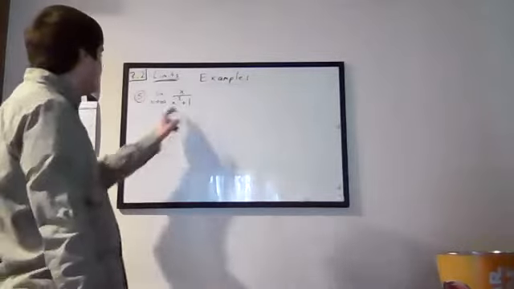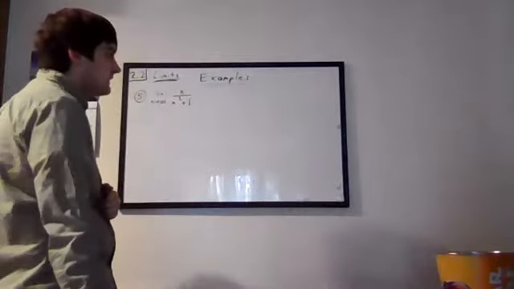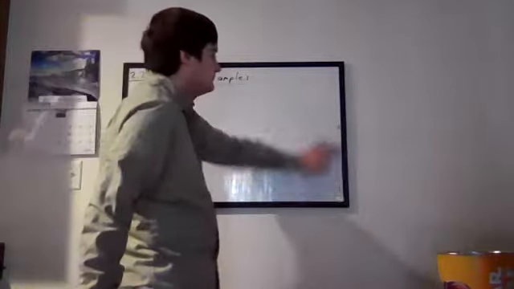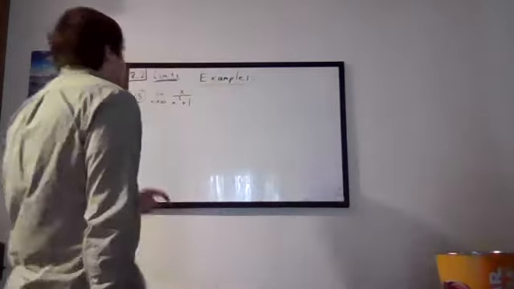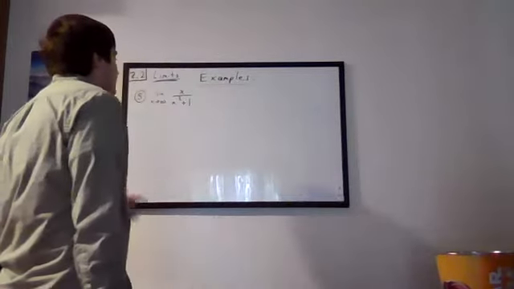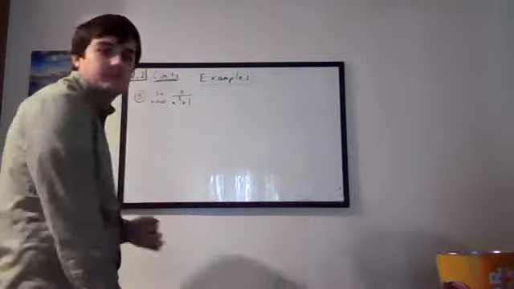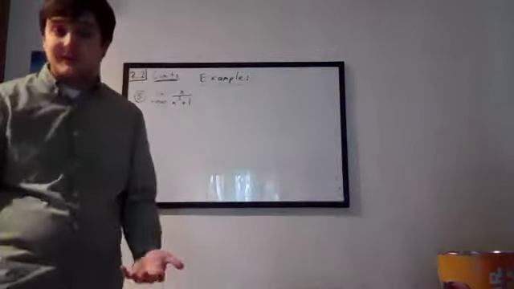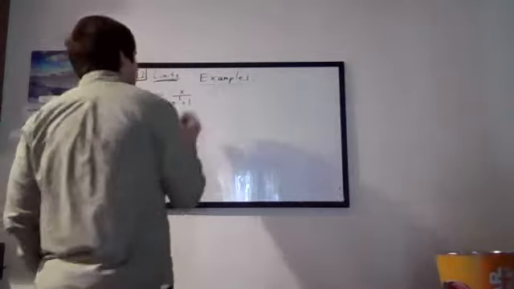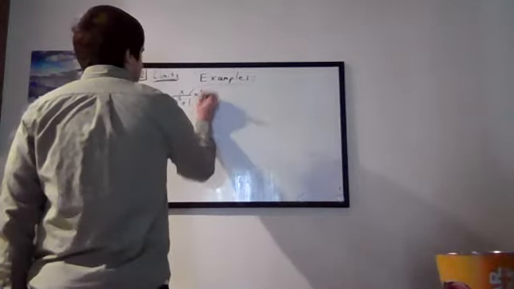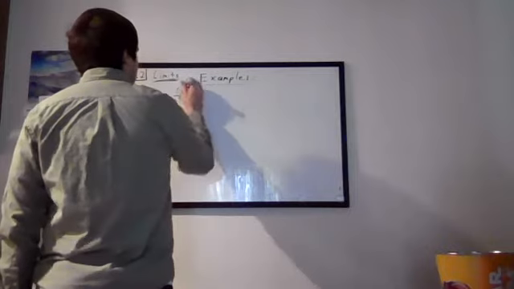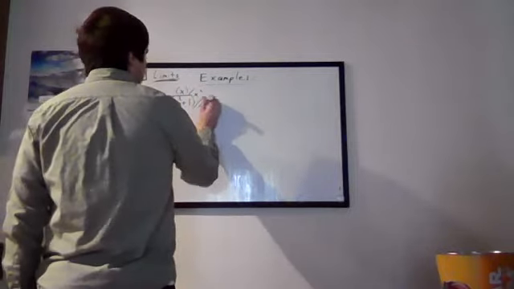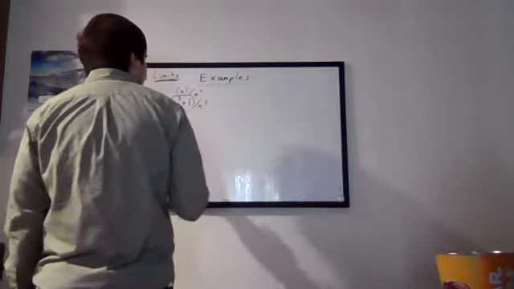I can say, well, let's divide the top and bottom by one of the powers. Which I would encourage in this case, the easiest thing, as pointed out in the last class, is just to take whatever the highest power is and divide it, okay? So in this case, again, the highest power is x squared. So I'm going to divide the top and bottom by x squared, okay? So what happens when I do that?